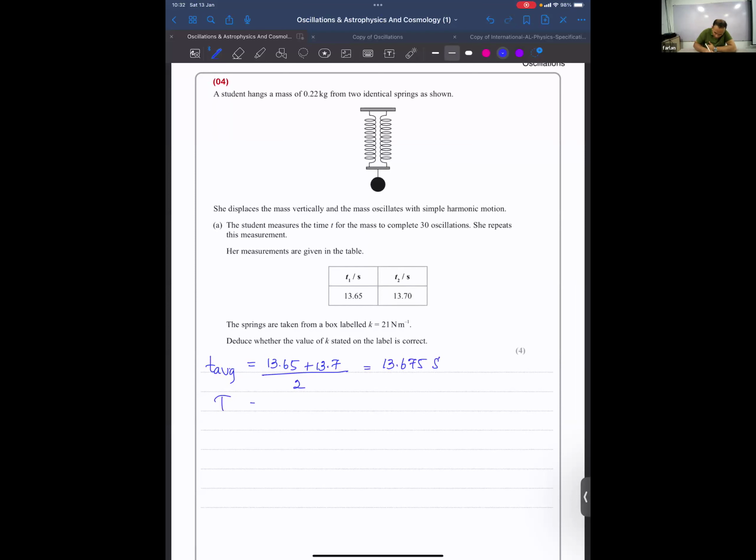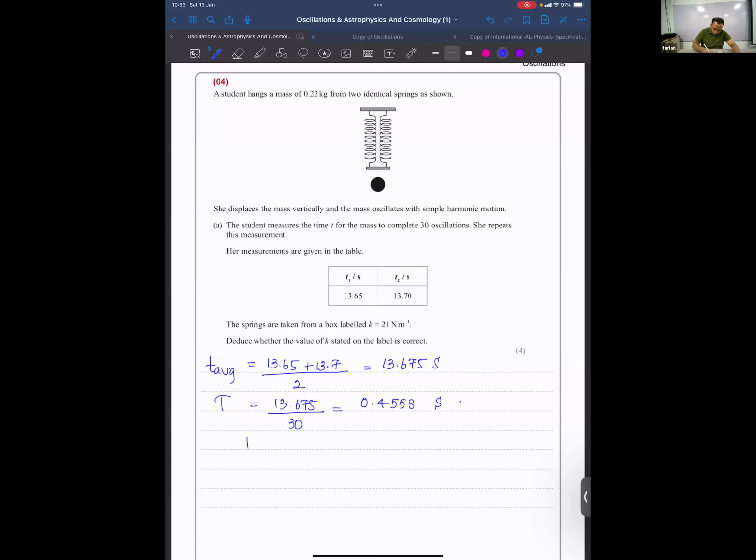So the time period will be: 13.675 is the average time taken for 30 oscillations. So the time taken for one oscillation will be 0.4558 seconds, which is the time period.